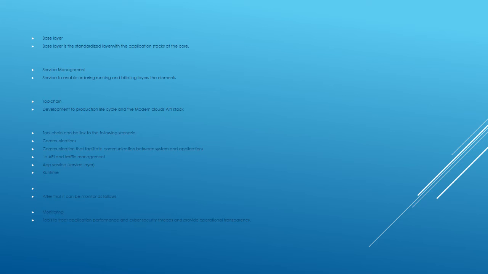And the tool chain can be linked to the following scenarios: communication facilitating communication between systems and applications, and API cloud traffic management, for example, and app services, using the service layer and runtime. There are some categories for communication, and the app service and the runtime under the tool chain.